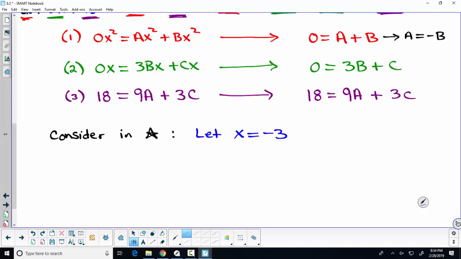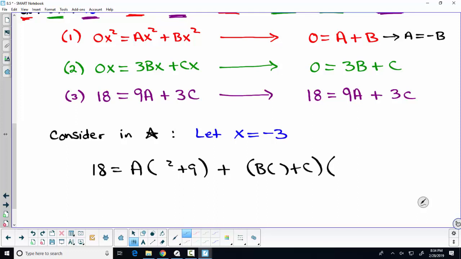So we have 18 equals A times x squared plus 9, plus our Bx plus C times x minus 3, or x plus 3. And then all of this stuff right here would go away. 0.